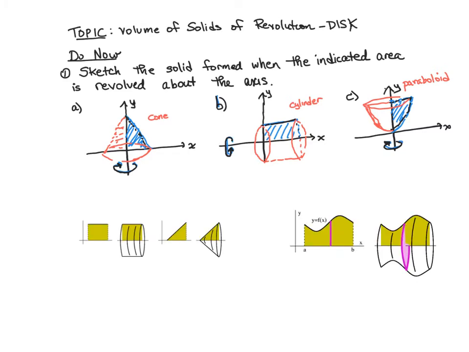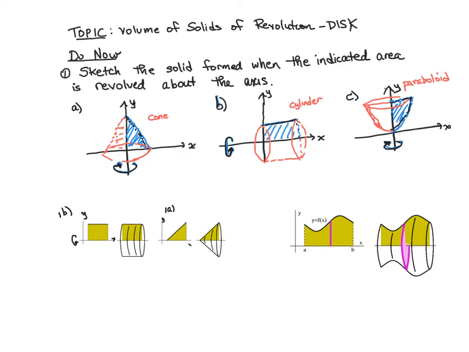So the first picture here is like our do now problem 1b. And here the axes aren't labeled, but this is x and y. And we're rotating around the y-axis here. And we get this solid of revolution. And then this one is like our 1a, where we rotate the triangle.